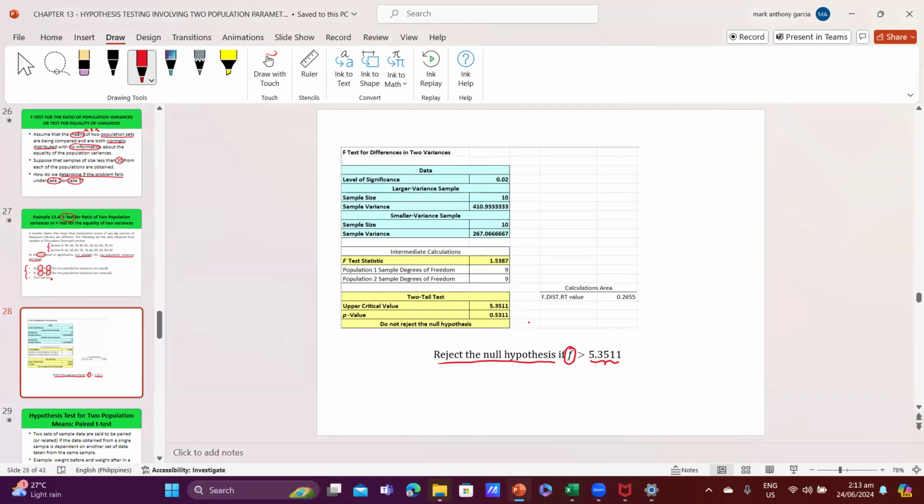5.3511. Now, this F test statistic is obtained by getting the quotient of the sample standard deviation squared of the first group over the sample standard deviation squared of the second group.